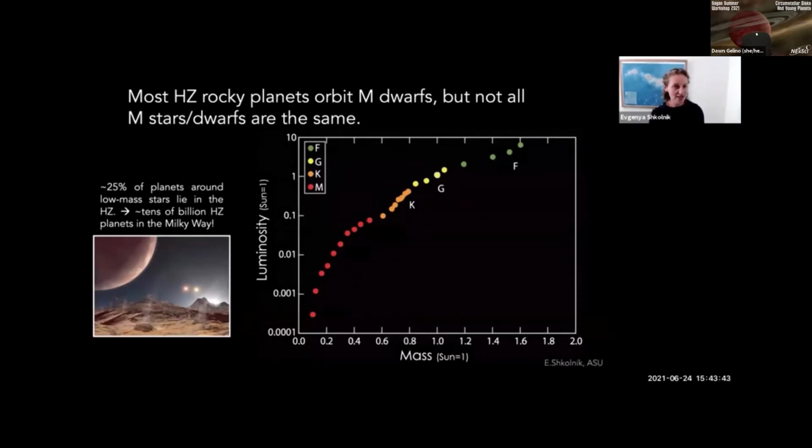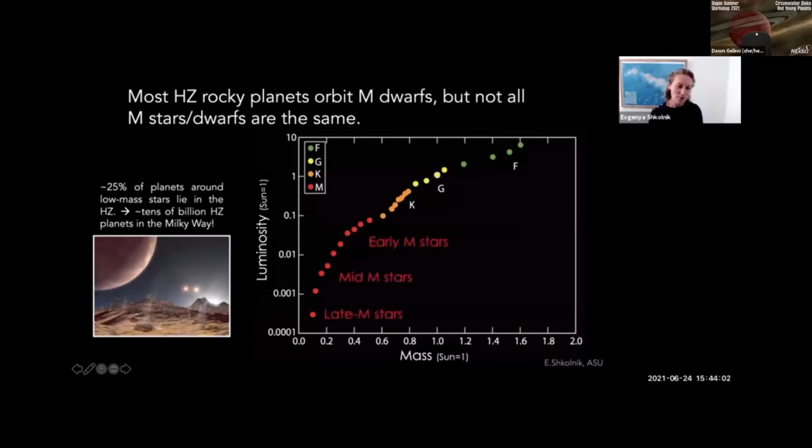So here's a plot that's just a flipped HR diagram to confuse you a little bit, showing you the luminosity and mass of FGK and M-stars. And what you'll notice is that the M-stars, the red points, span 3 orders of magnitude in luminosity and go in mass from 0.1 to about 0.6 solar masses.